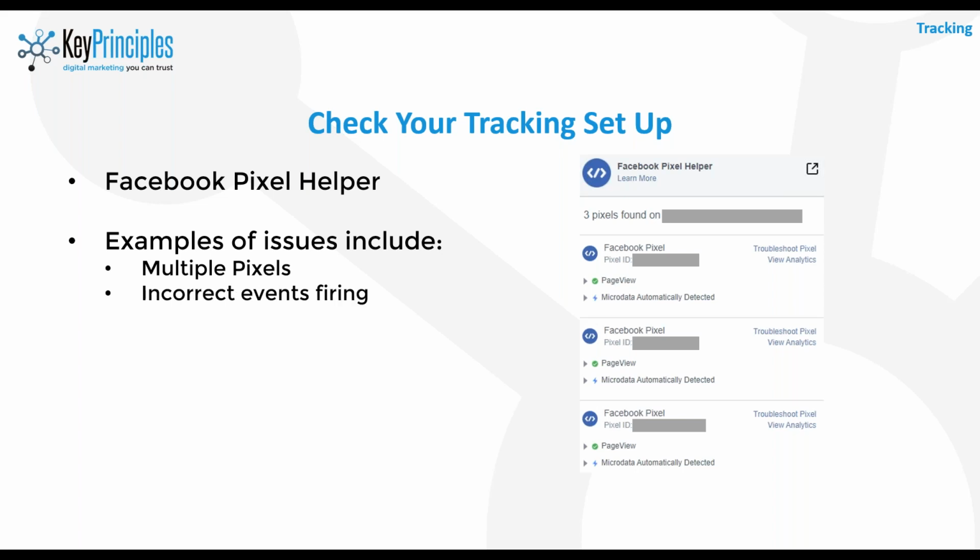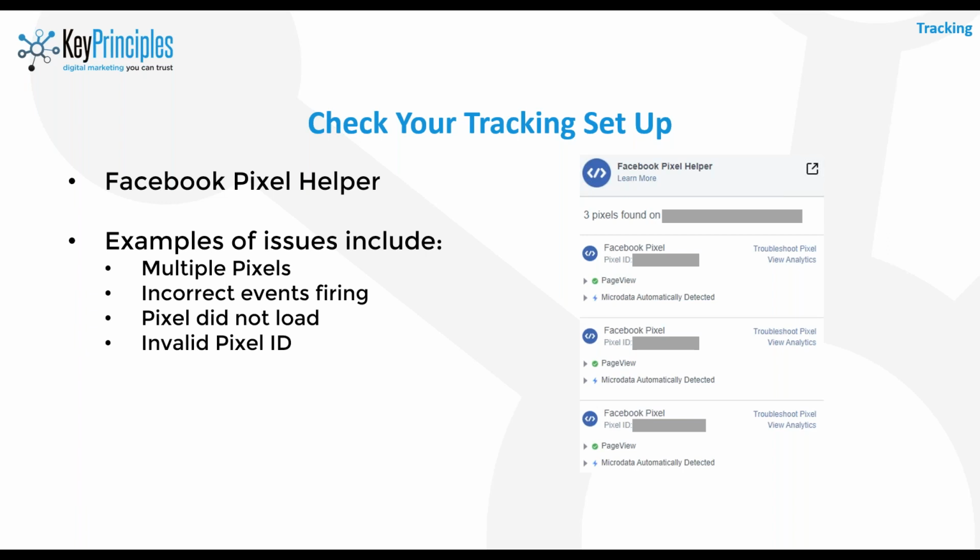We also see inaccurate or incorrect events firing. For example, we may visit the contact page and see a form submission event fire. That tells us that the form tracking is firing too early, and we'll definitely be over-reporting. We sometimes see that the pixel isn't loading or hasn't loaded correctly, and that's a code implementation problem.